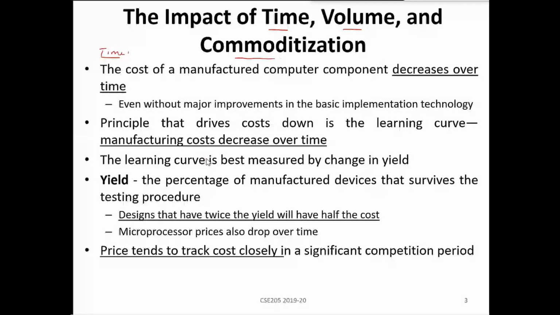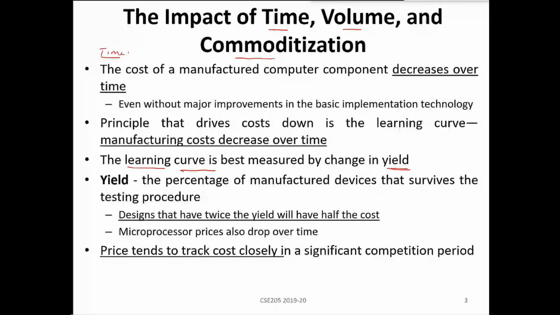So the manufacturing cost decreases over time, and that is called the learning curve. The learning curve is best measured by the change in yield. It means the manufacturing cost decreases over time.